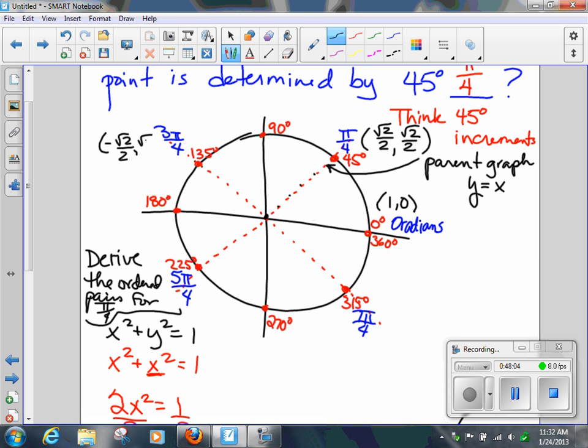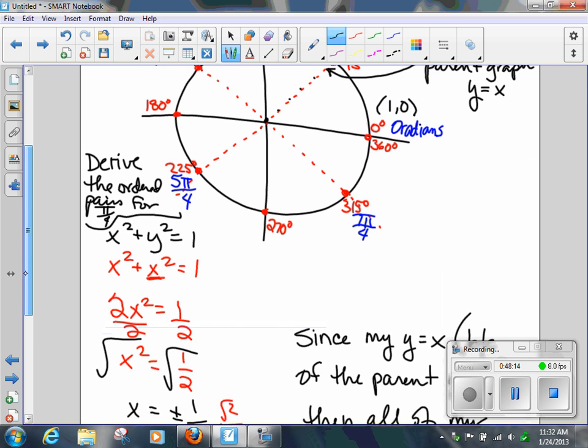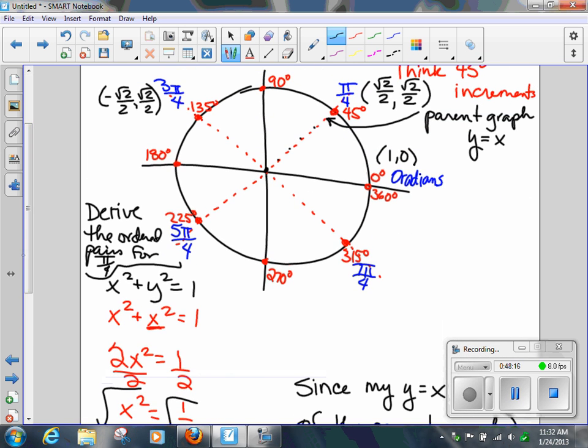Negative root 2 over 2, and positive root 2 over 2. The numbers are the same. The only thing that changes are the signs. The angle 5 pi over 4, that terminal point's going to be negative, negative, right? So negative root 2 over 2, negative root 2 over 2. And then 7 pi over 4 is going to be root 2 over 2, negative root 2 over 2.